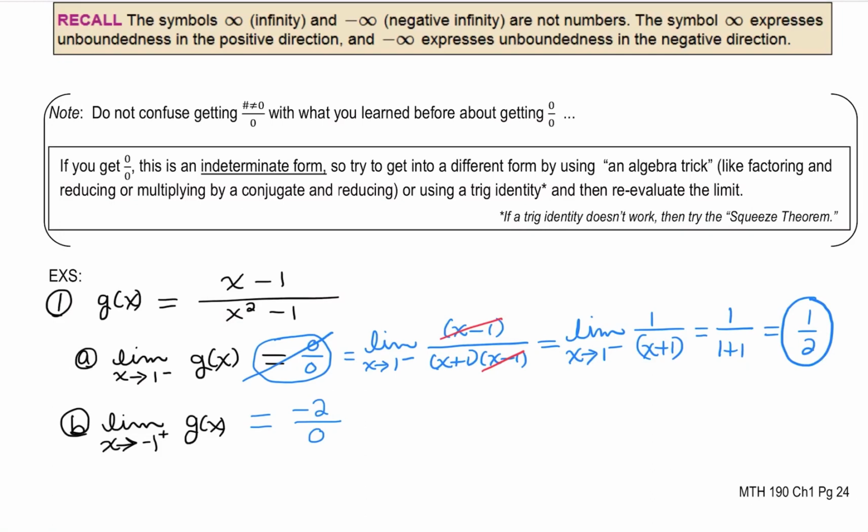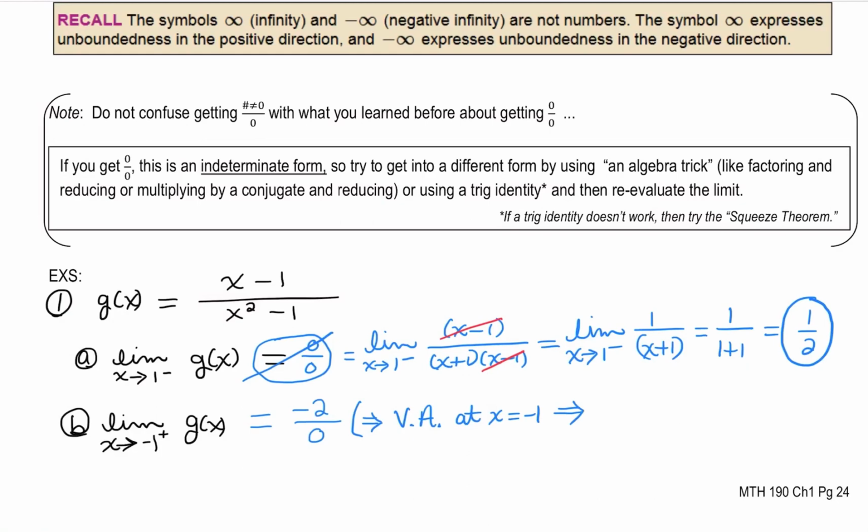This tells us something. I know by looking at this, my answer is going to be infinity or negative infinity, and we don't yet know which, but we know that when we get a non-zero number over 0, we have a vertical asymptote at x equals -1.